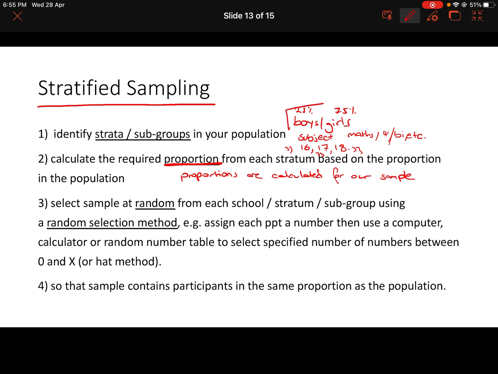So in the case of the boys versus girls, once we know our sample size, we can times our proportion of our first subgroup by n, the percentage of our second subgroup by n, and that will tell us how many participants from each subgroup we need in our sample.